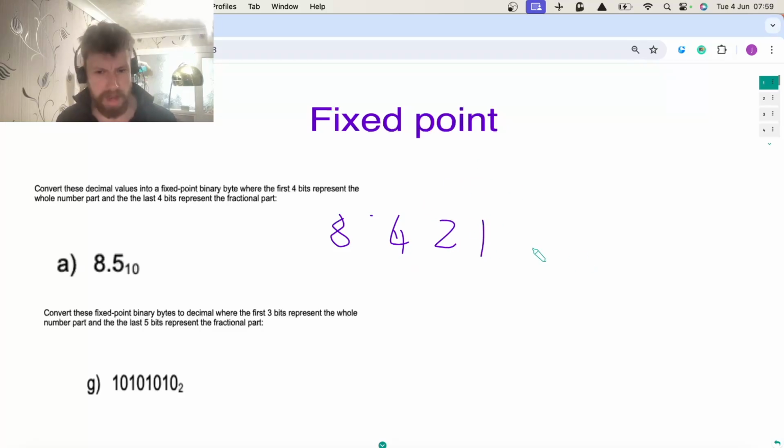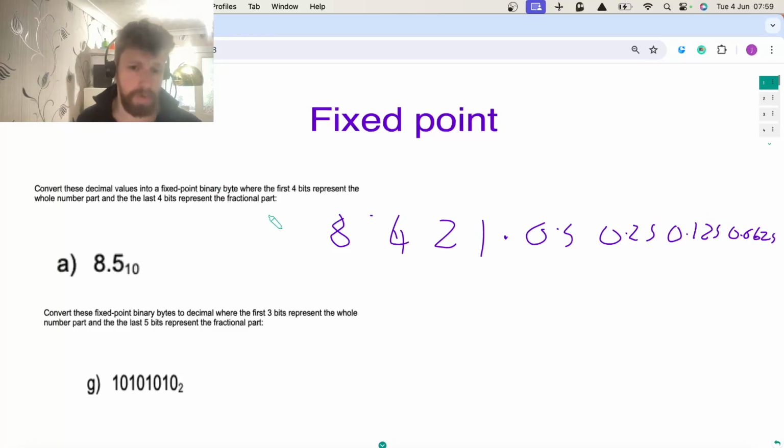Here it's got a decimal point, so I'm going to put that there, and then we're going to put 0.5, 0.25, 0.125, and it does say 4 bits even though we're not going to use it, but it would be 0.0625.